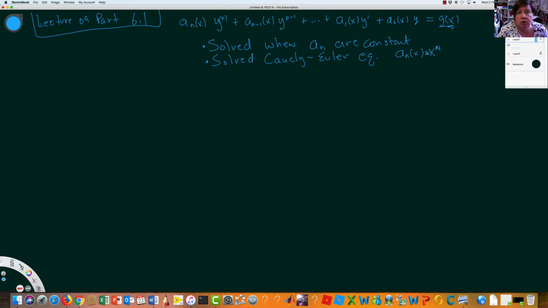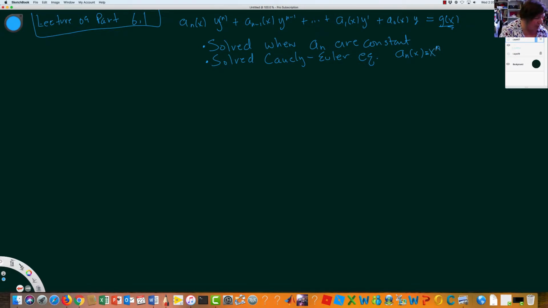But what about when these a_n of x have some general functional form that is not x to the n? That occurs very frequently, of course, and the only way to solve those is with a series solution. That's what we're going to start looking at today.